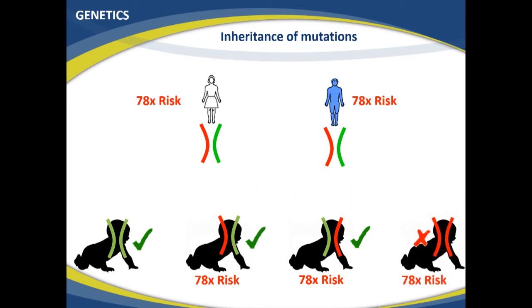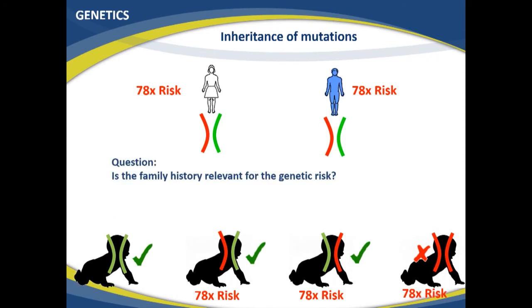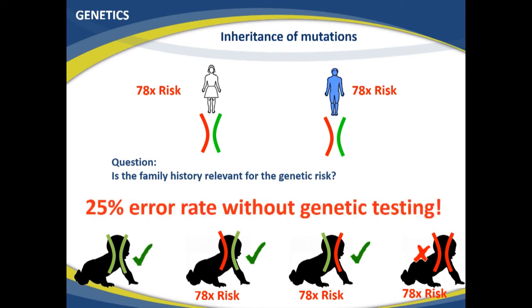So really, having more of the same genetic mutation does not increase your risk to be higher. And this is dominant inheritance. So one genetic variation is enough for you to get the full risk. And again, you get a 25% error rate when you look at the family history compared to a genetic test. And that's the end of chapter 15, how genes are inherited.